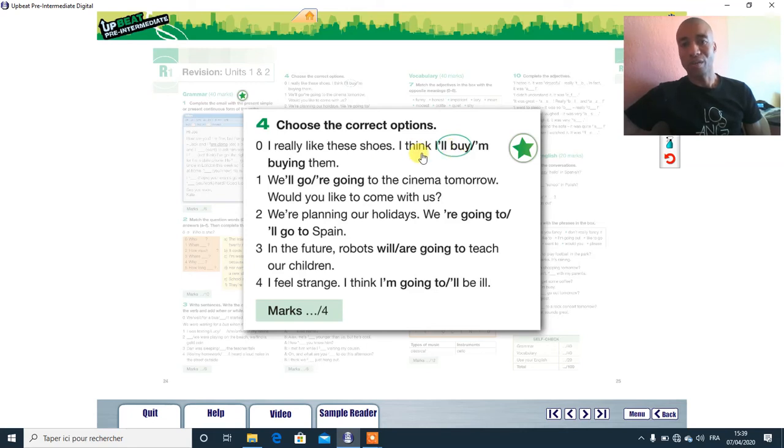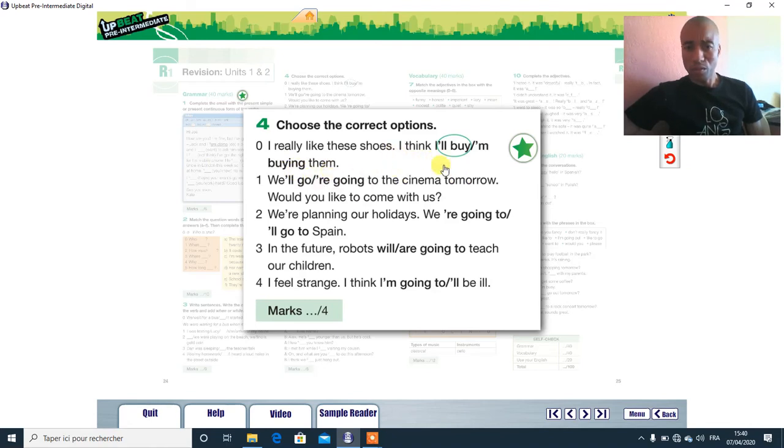So here we have I think. It's an opinion, it's a decision at the moment of speaking, so we use will, right? Then for the present continuous, for example, I am buying them, it should be arranged before, it should be planned for, so that we can use present continuous. Okay.